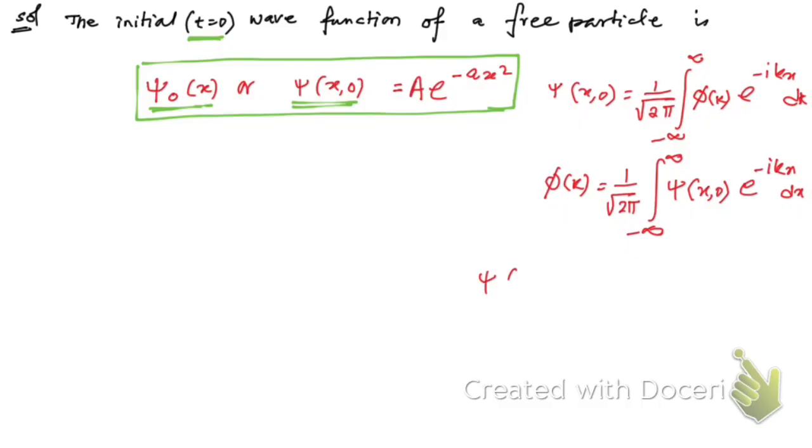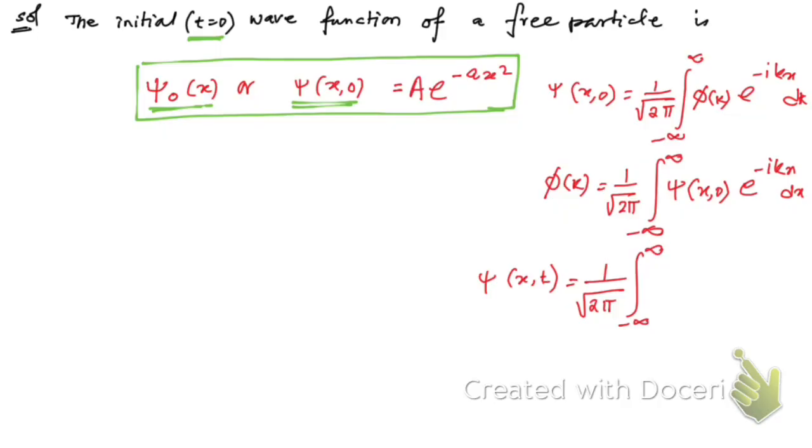psi of x comma t is equal to 1 by root over 2 pi, integration from minus infinity to plus infinity. Okay, let me write it properly.